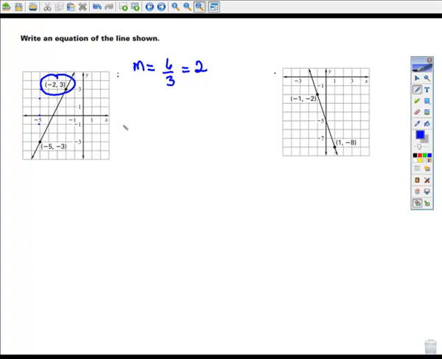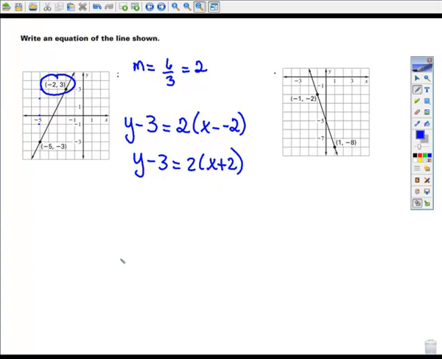So if I use this first point, I have y minus y1 equals m times the quantity x minus x1. Well, really, that's just y minus 3 equals 2 times the quantity x plus 2. It's okay with me if you want to go right away to x plus 2 instead of subtract negative 2. And then I said we could have two different answers.